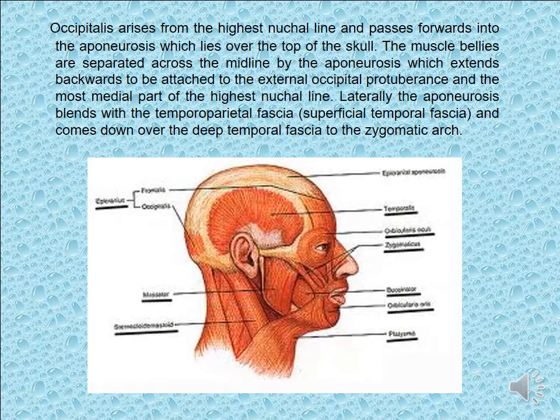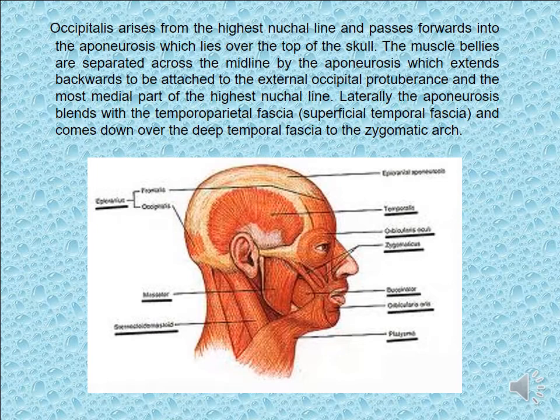The second part of the occipitofrontalis muscle, from the posterior side, is the occipitalis muscle. It arises from the highest nuchal line and passes forward into the aponeurosis which lies over the top of the scalp. The muscle bellies are separated across the midline by the aponeurosis, which extends backward to attach to the external occipital protuberance and the most medial part of the highest nuchal line.